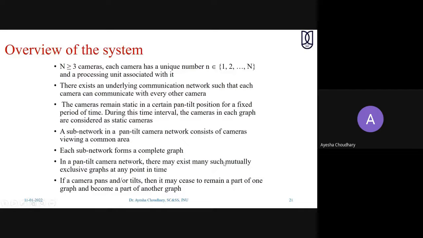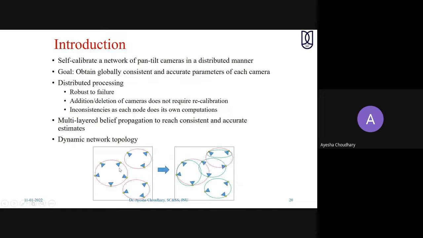And that the subnetwork consists of cameras that are viewing a common area. So every subnetwork will also form a complete graph. This is a subnetwork of this network, and this will form a complete graph because every camera in this subnetwork is able to communicate with every other camera in this subnetwork. So by itself, it is forming a complete graph.